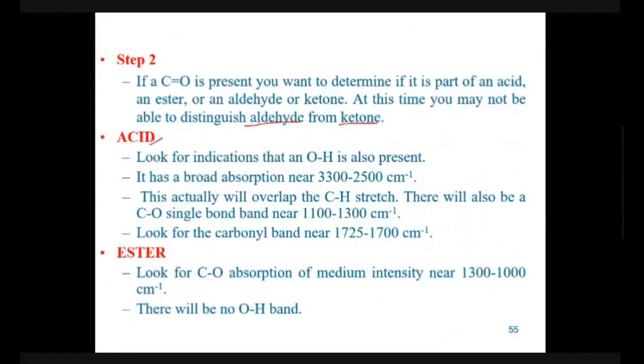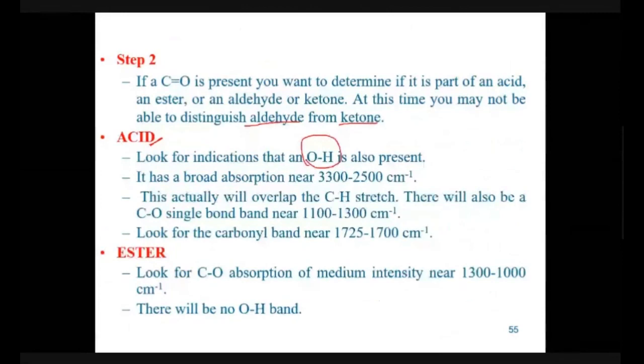If it is an acid, you will get an OH group. Now, the OH group for acid is a highly polar bond, so it has absorption near 3,300 to 2,500 centimeter inverse. It may happen that this peak will overlap with the CH stretch. There has to be a CH stretch if it is an organic molecule, because there will be carbon-hydrogen bonds.